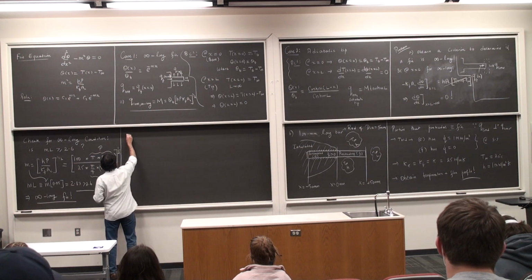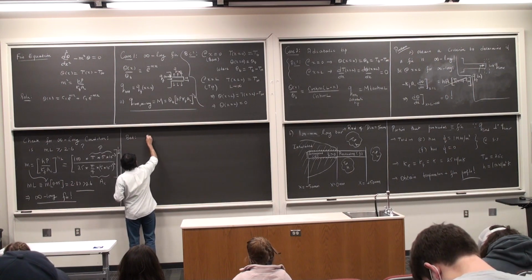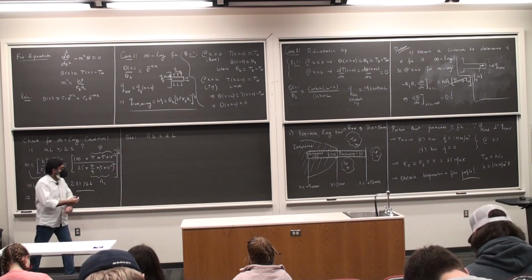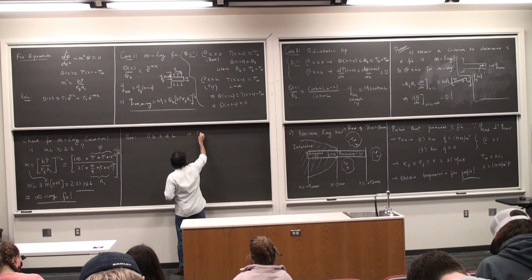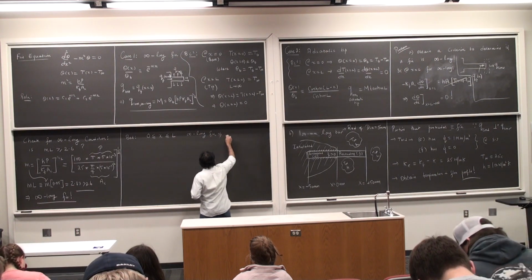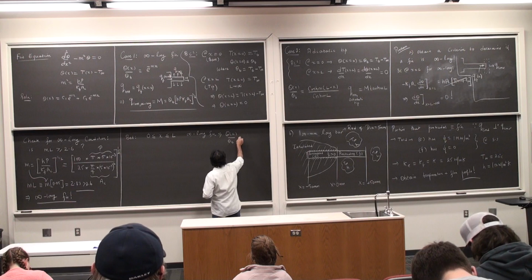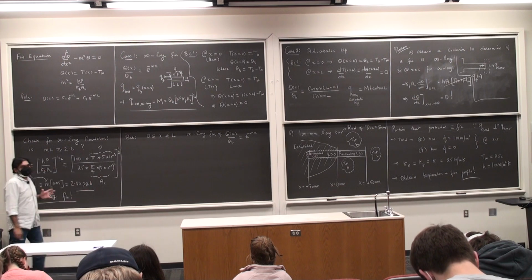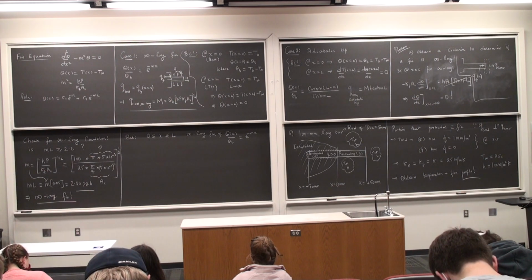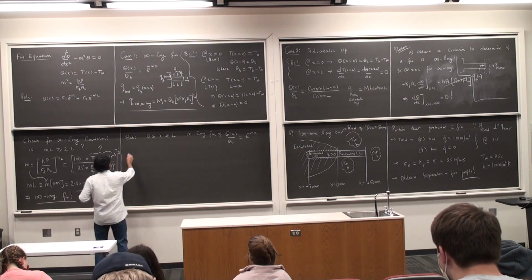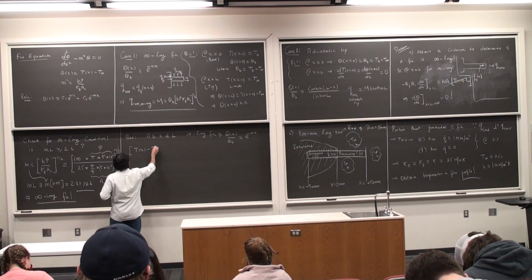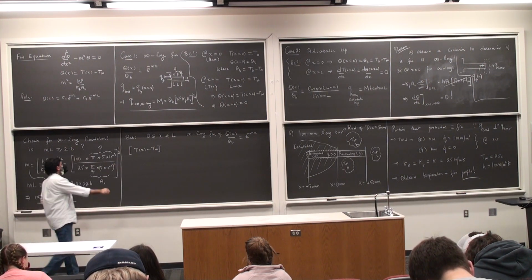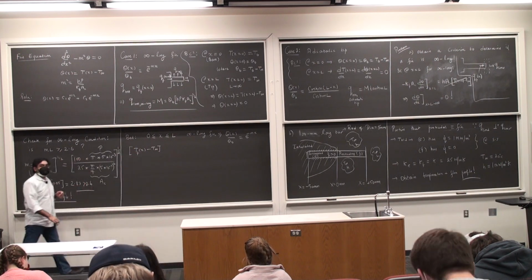So between 0 and plus L, this is an infinitely long fin, which implies theta over theta base is e to the power minus mx. I'm going to write this in terms of T of x, because I want to plot the temperature profile as a function of x. So theta of x is T of x minus T infinity. Theta base is T at x is equal to 0. I'm going to now give this a subscript little f because I'm talking about the fin.